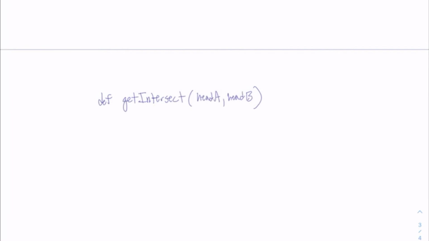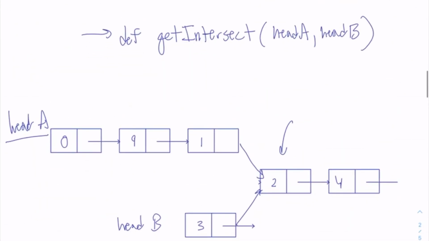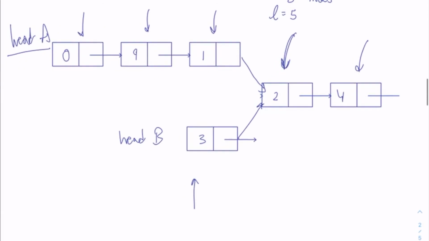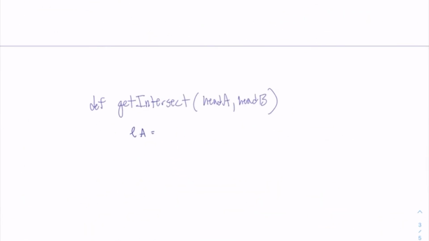Well, I'll show you what we write, and then I'll explain how we do it afterwards, where LA is going to stand for the length of A. So in our example, the length of A is 1, 2, 3, 4, 5 nodes, so lowercase l will be 5, and head B will be 1, 2, 3 nodes, so lowercase l will be 3. So the length of A is going to be 5.